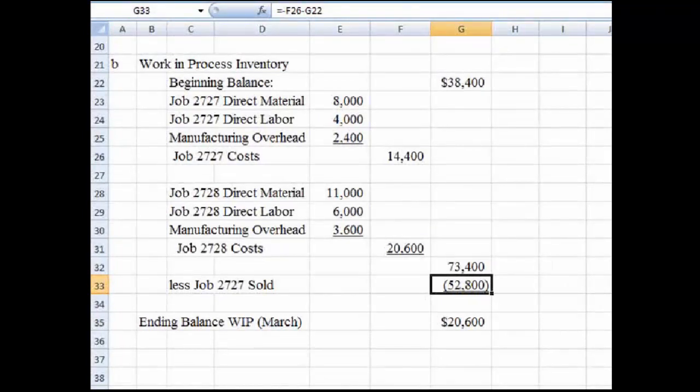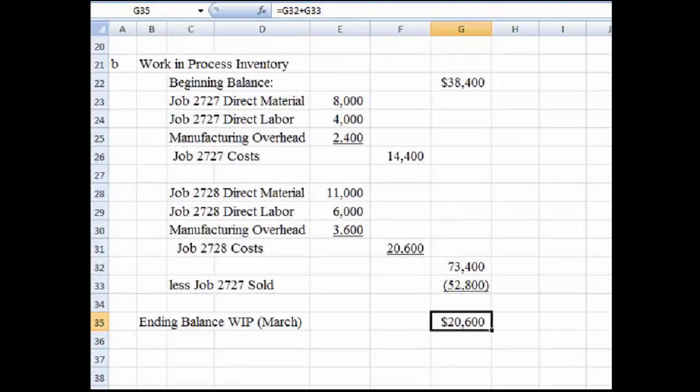The formula in that cell sums the beginning work in process, which was all job 2727, and the March job 2727 costs. That number is subtracted from the $73,400 of work in process, leaving $20,600 still there.